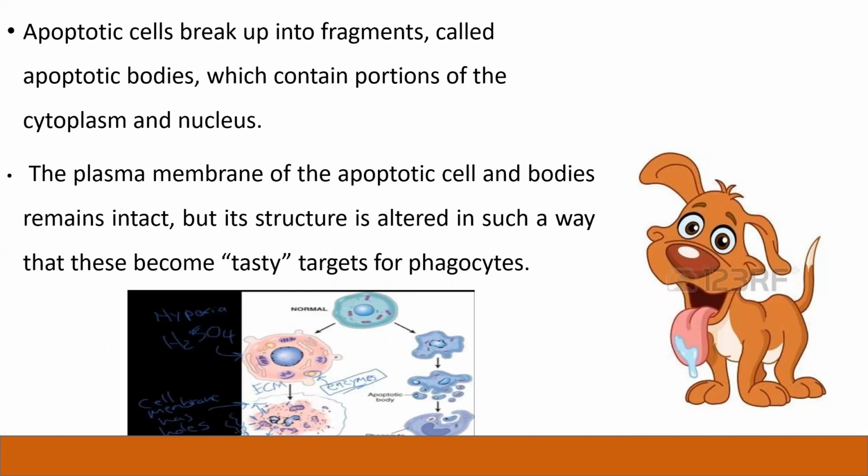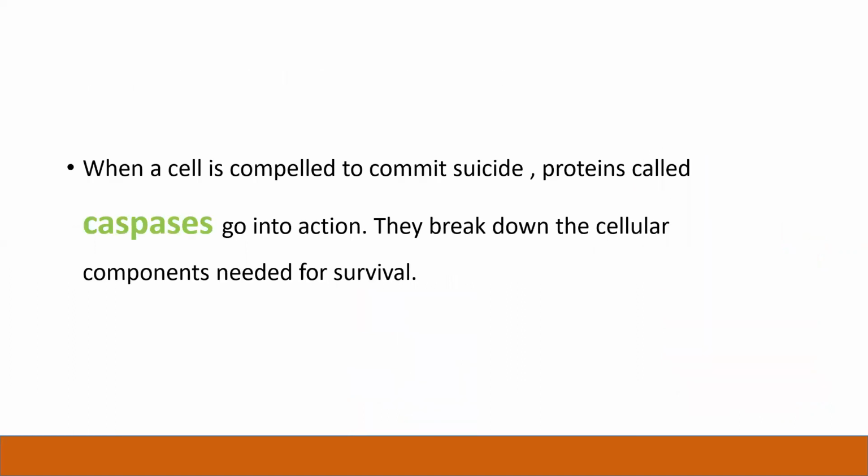Apoptotic cells break up into fragments called apoptotic bodies, which contain proteins of the cytoplasm and nucleus. The plasma membrane of the apoptotic cell and bodies remains intact, but its structure is altered in such a way that these become tasty targets for the phagocytes.